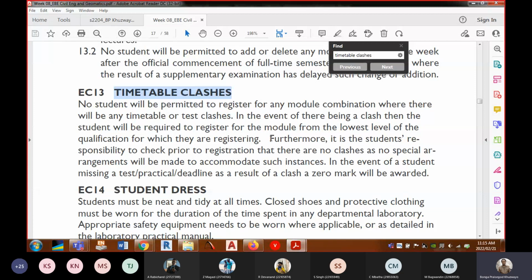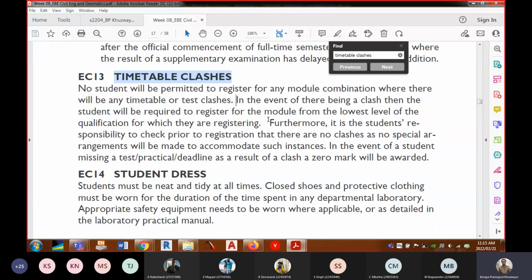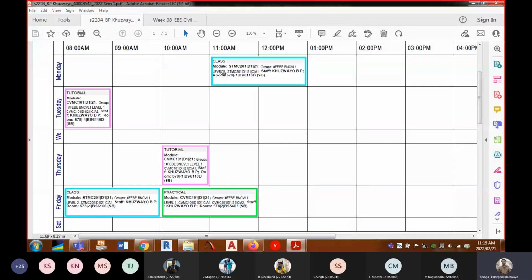So what I've done to try and eliminate the problem of having a test clash, let me go back to my timetable, is that we will write tests or assessments during the lecture time. That will solve the problem, because you're not supposed to be having another lesson anywhere at this time if you registered for my subject.